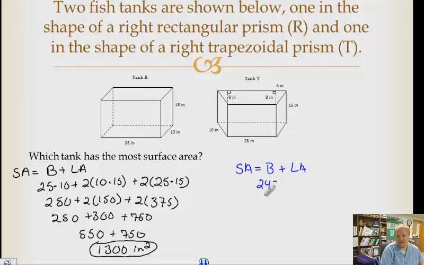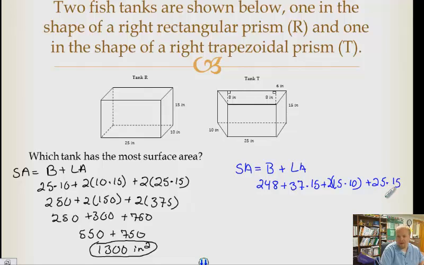Now, my lateral surface area, I have one that is 37 times 15. So 37 times 15 plus 15 times 10. And I'm going to multiply that by 2 because I have 2 of those, plus 25 times 15.